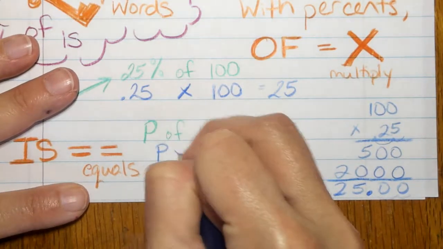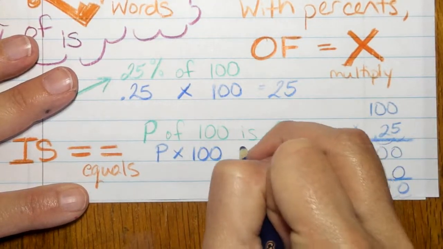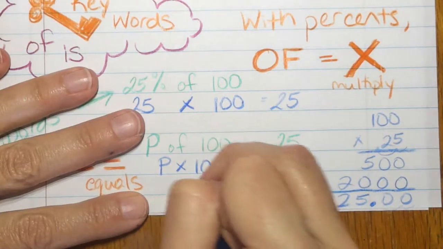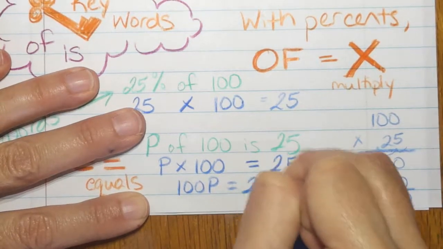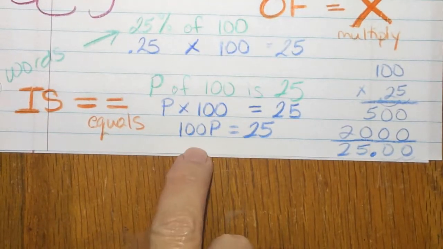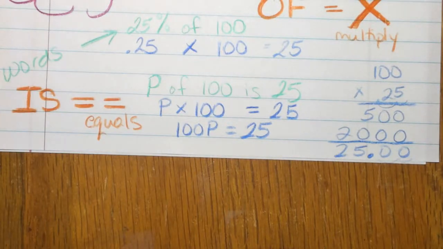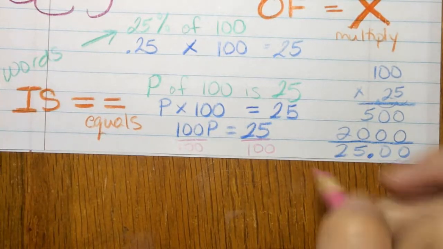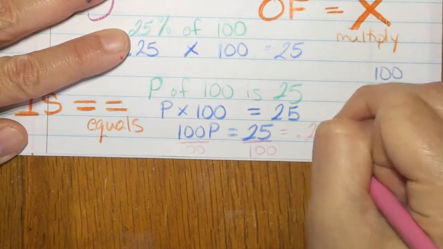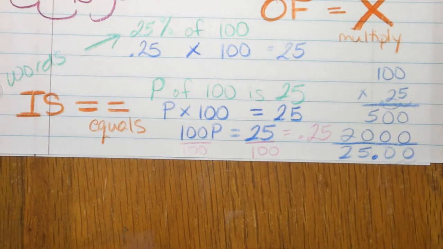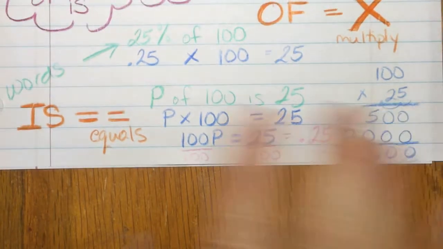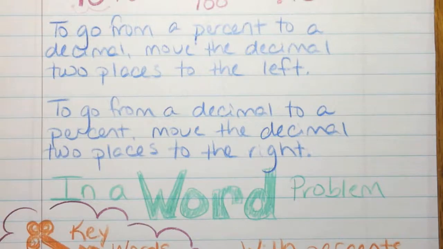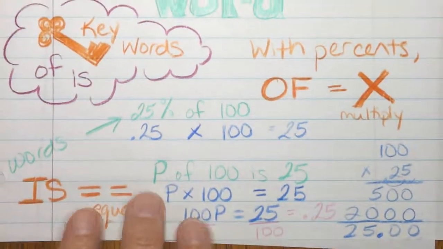So that would be P times 100 equals 25. And then you would just solve it. 100p equals 25. To get the p by itself, you would divide by 100. Then you'd do 25 divided by 100. And 25 hundredths, by the way, is 0.25. Okay? So, that is applying percents with some keywords.